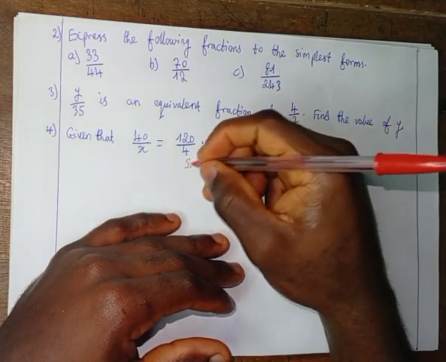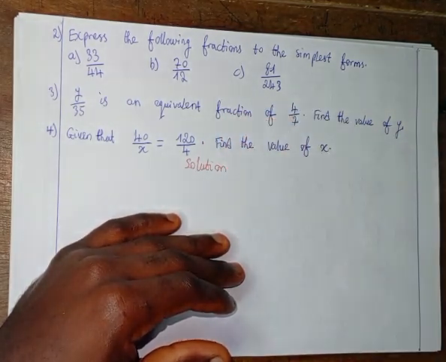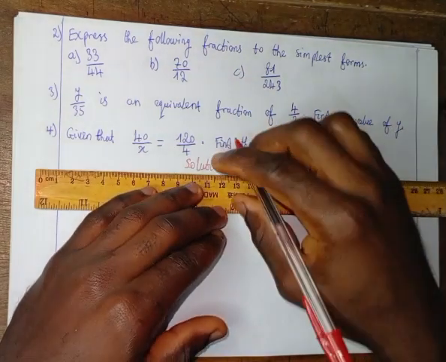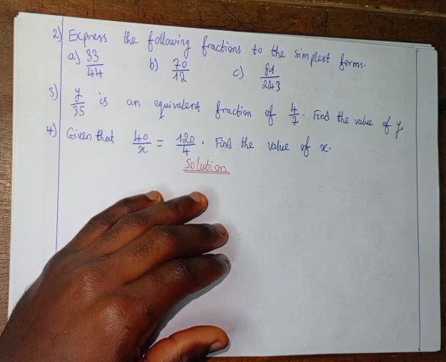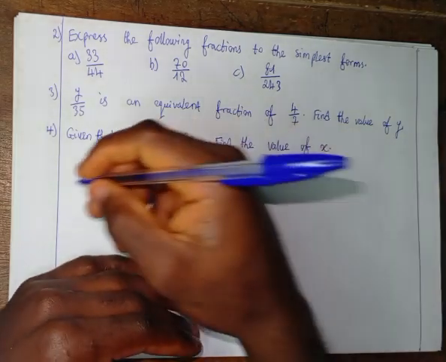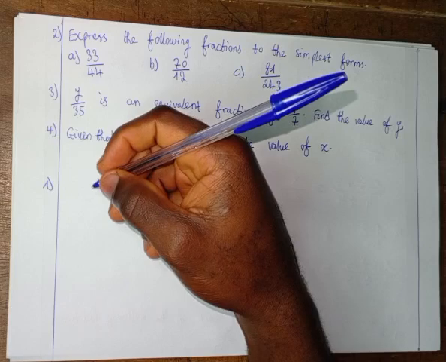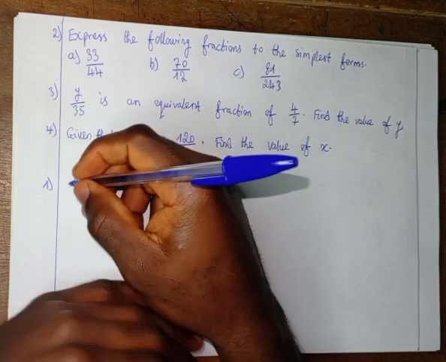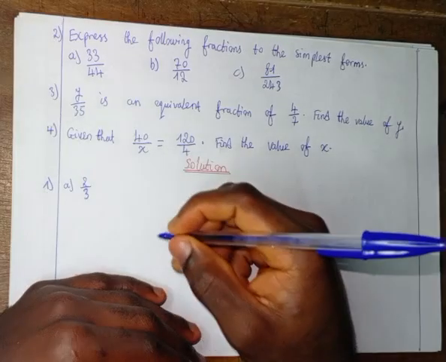Take solution. Question 1 says give an equivalent fraction of each of the following fractions. The first one, for A, we have 2/3.